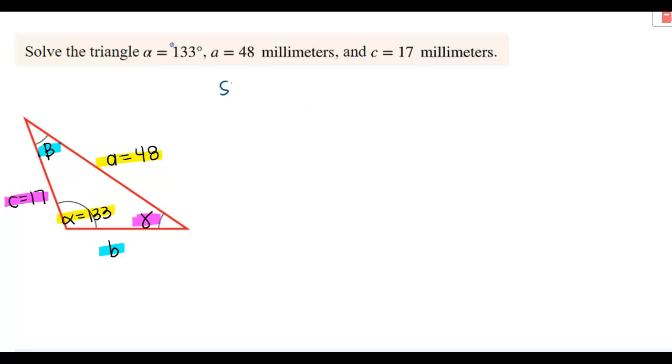So we definitely want to take the sine of 133 over little a, which is 48. From here, we don't have anything to do with beta and little b, so we probably want to leave that for later on. But we do have little c, so maybe we can figure out what gamma is because we know that little c is 17. Okay, so we have enough in our setup where we only have one variable, which is good.